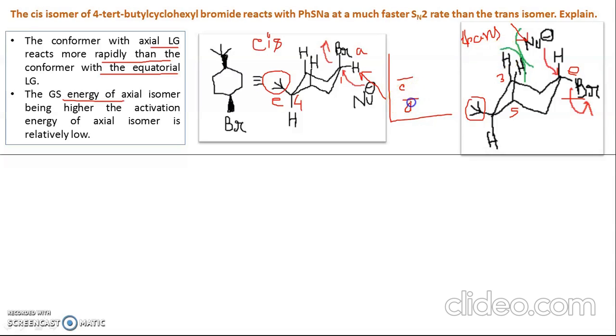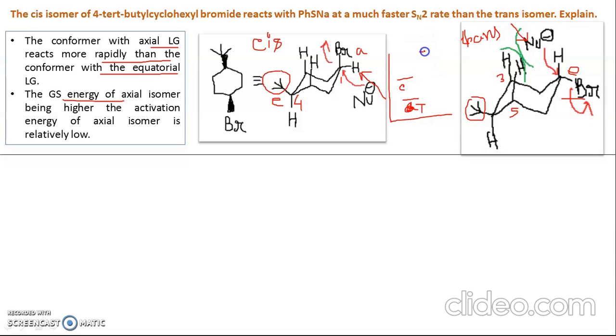So the ground state energy of the axial isomer, which is the cis isomer, is comparatively higher than the trans isomer, because in trans Br is equatorial, so it obviously has less ground state energy.